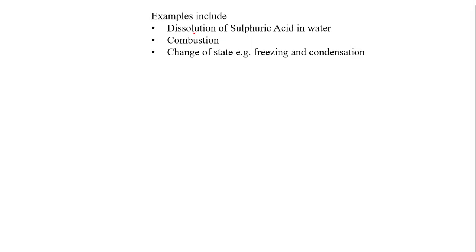So we have dissolving sulfuric acid in water. You might have heard that never add water to the acid. In this case, we are trying to dissolve sulfuric acid in water, but this reaction is exothermic.